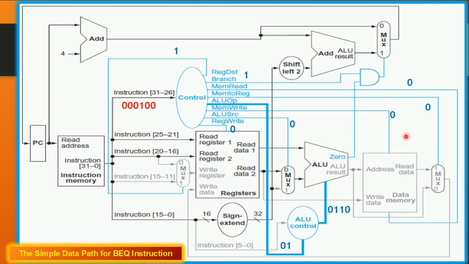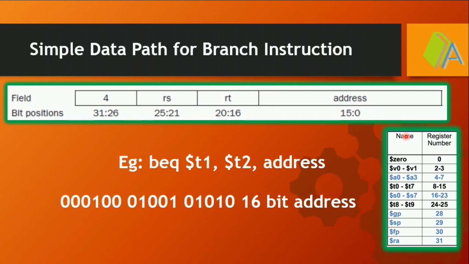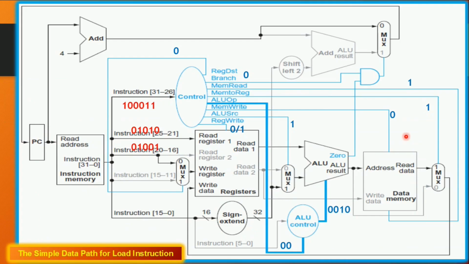So at that time, if you see the previous example, load word: all the components except these two, the adder as well as shift left by 2, all the remaining components are available in the data path. So the longest data path instruction is load word. Thank you.